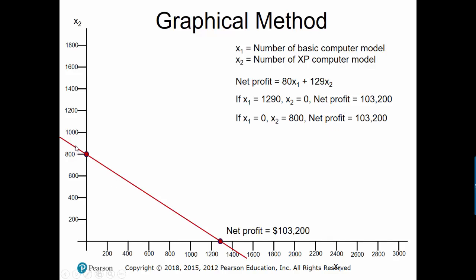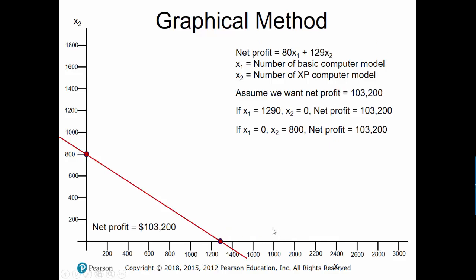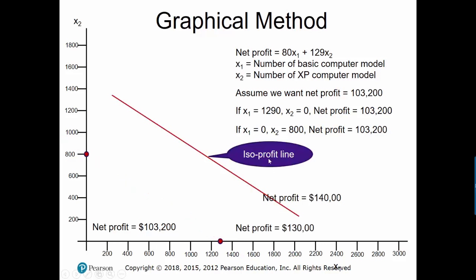What is unique about this line is, since this point gives you a profit of 103,200, that point also gives you a net profit of 103,200. That's the entire line. All the points on this line will give you exactly $103,200 in profit. For this reason, this line is called the iso-profit line.